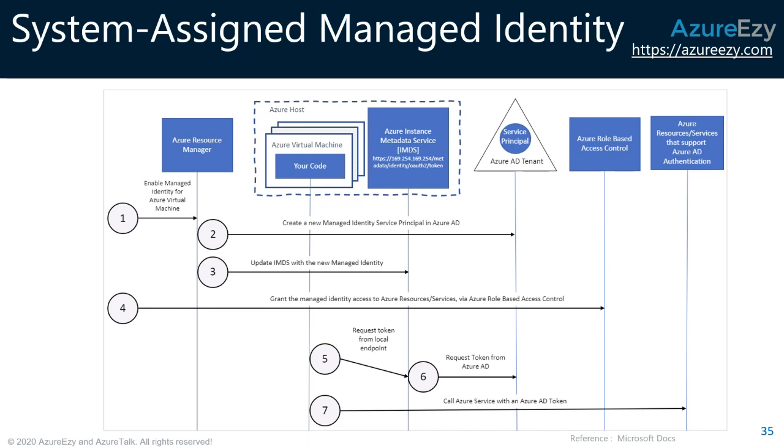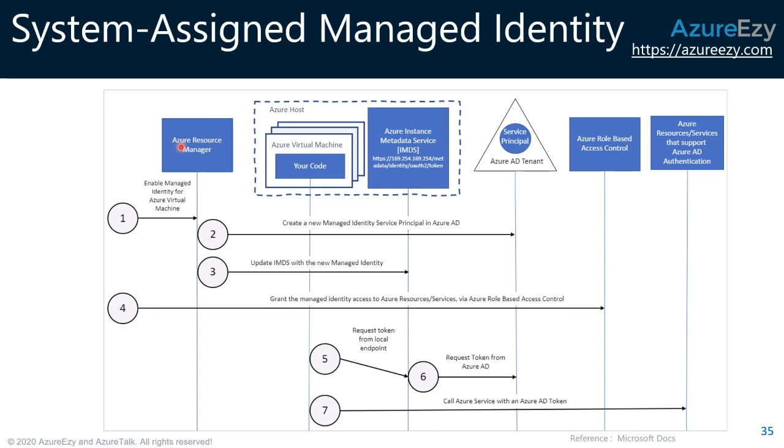We have taken a VM as the example, like Azure VM is one service for which we want to use the system assigned entity. So your Azure Resource Manager will receive a request to enable a system assigned entity on the VM. Once it receives the request, what will happen?